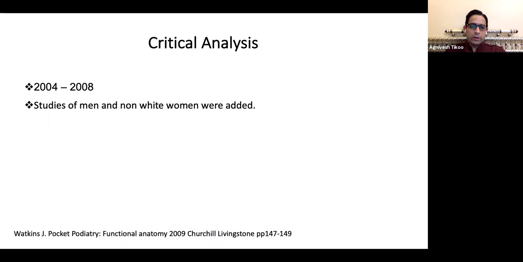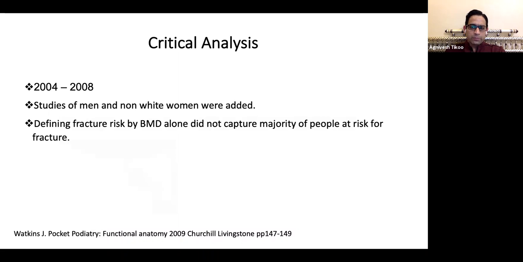Let's try to understand the bone density T-scores by the WHO. After a critical analysis, a broader spectrum of racial groups was added. Just defining BMD as minus 2.5 or minus 4 may not alone comprehend the risk.